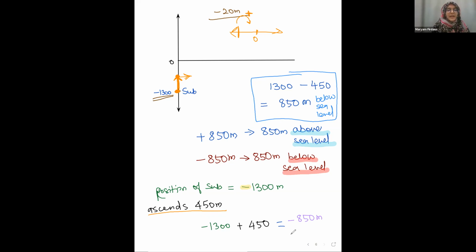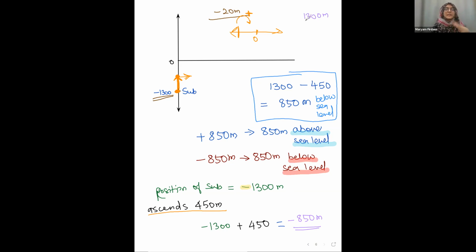If you write plus 850 meters, then that will automatically mean it is above sea level. But since this is below sea level, you will write negative. So are you seeing how your answer and my answer are the same, but we have written it in different languages? What you have done is that you have taken 1300, that was the depth, and you have subtracted 450 from it.